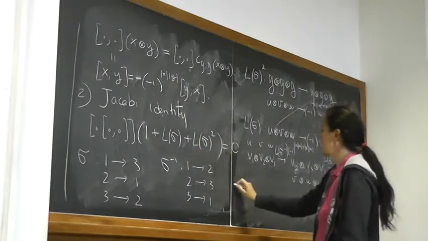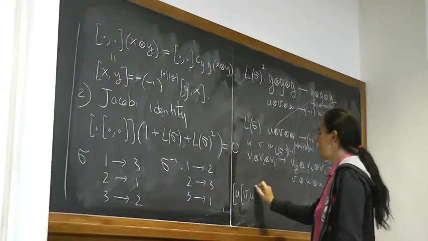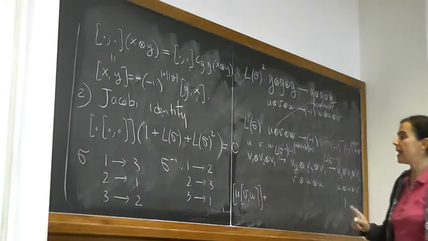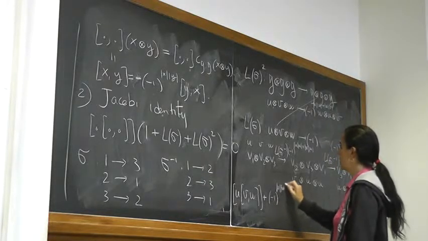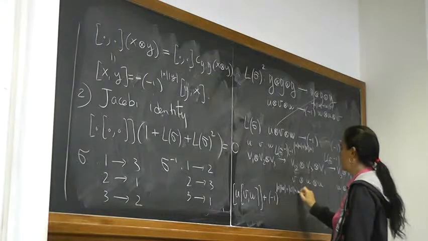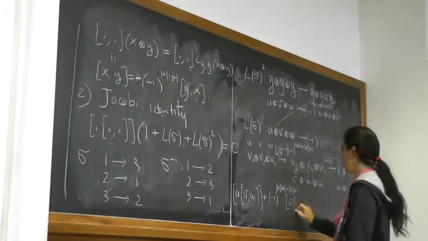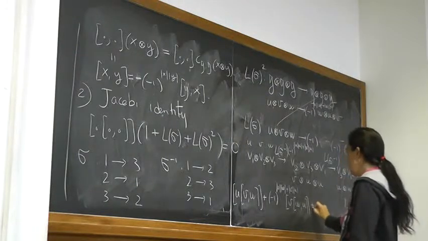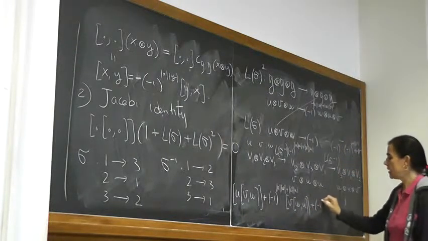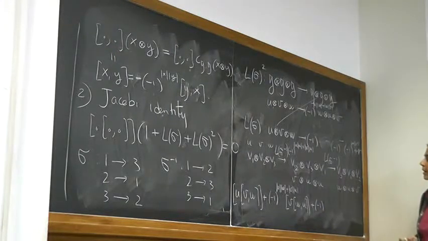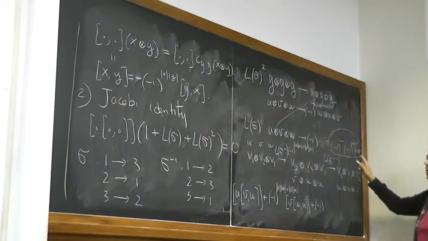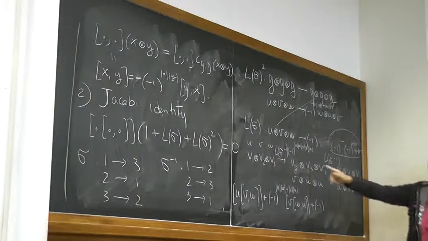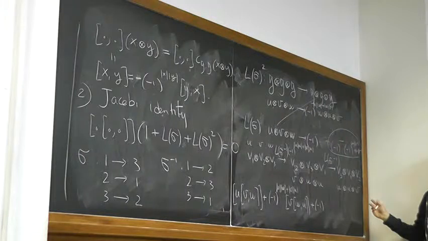This one, Jacobi should say U, V, W plus, then I have the L sigma, which is -1 U, W, V, plus V, W, U, plus -1, except that instead of writing all of these things, you can just check things from here to here to get the sign, because it's the same. We just proved this is an action.